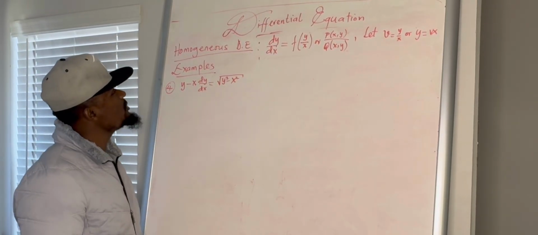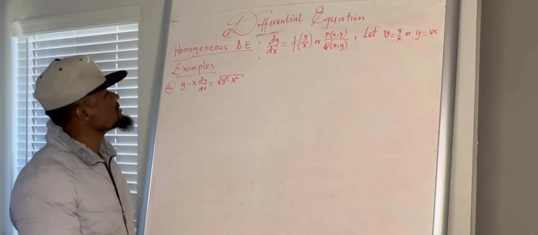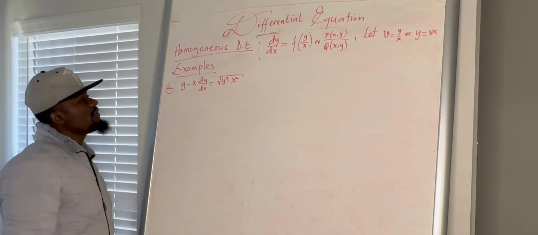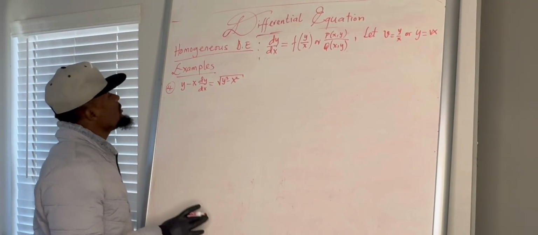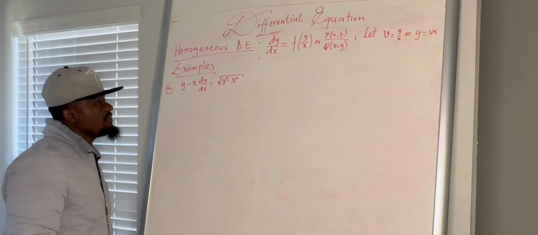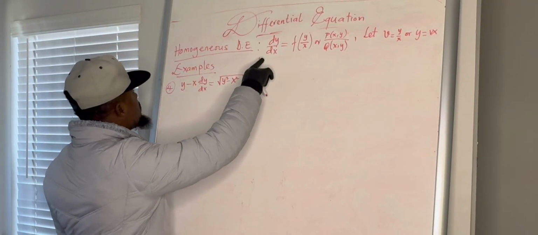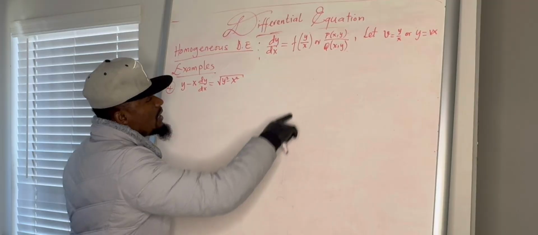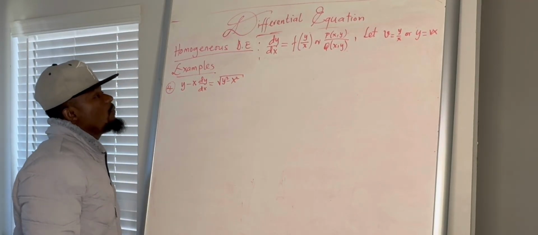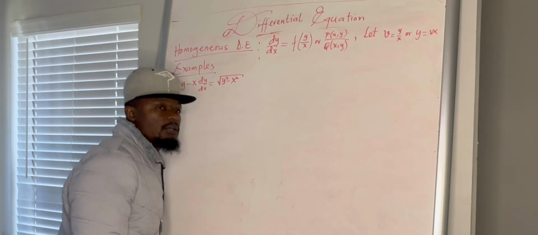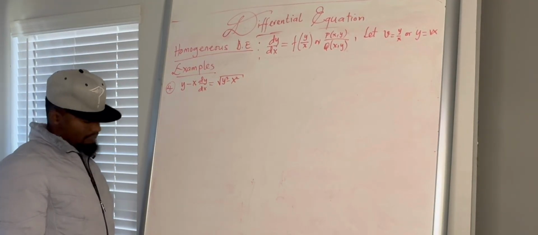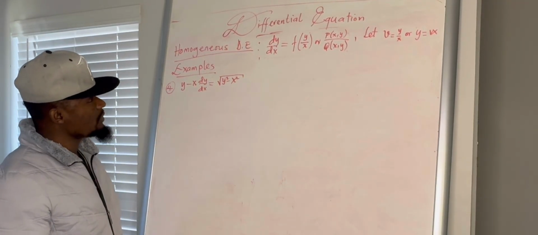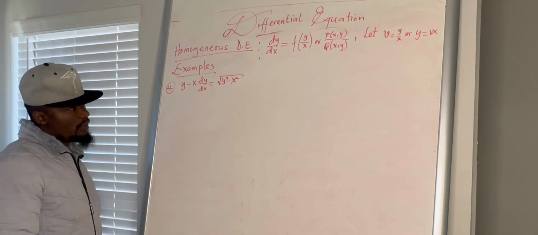In this video we're going to look at differential equations. In particular, we're going to be solving differential equations called homogeneous differential equations. Remember, we have talked about homogeneous differential equations in the past videos. If you can put a differential equation in the form dy by dx equal to f of y over x, or a function of xy divided by another function of xy, we can call that a homogeneous differential equation.